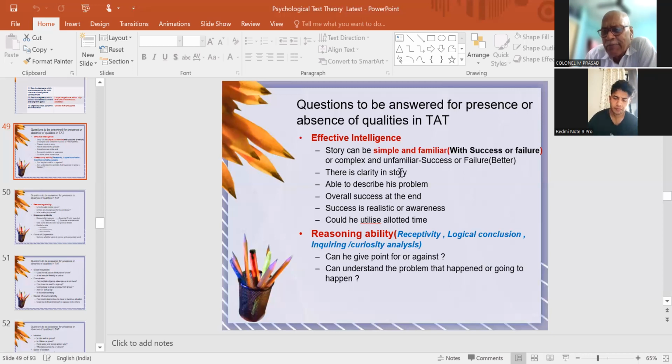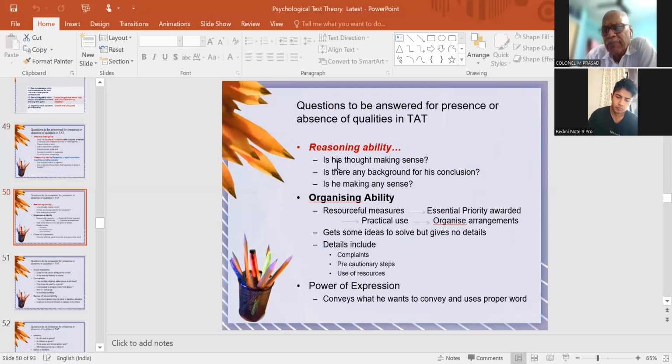Can you understand the problem which you have created? Have you understood the problem and are you in a position to solve it or not? That is the main problem. Is your thought making sense or nonsense? Any decision, any conclusion that you have drawn, does it have logic or not? That is what is important as far as reasoning ability is concerned.